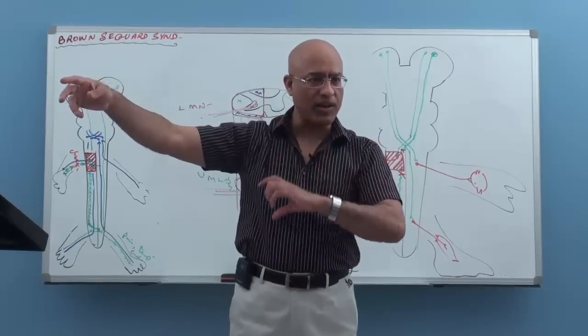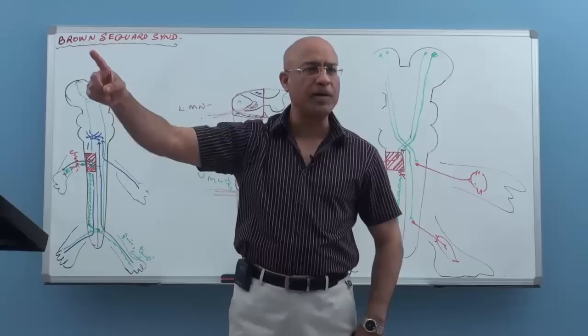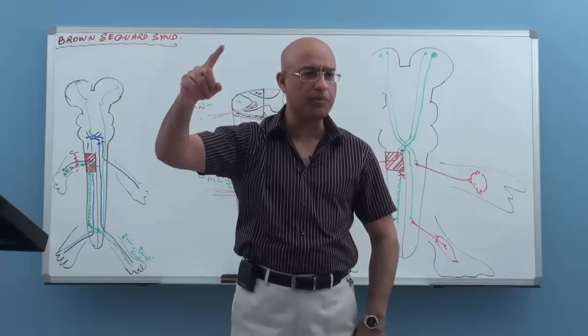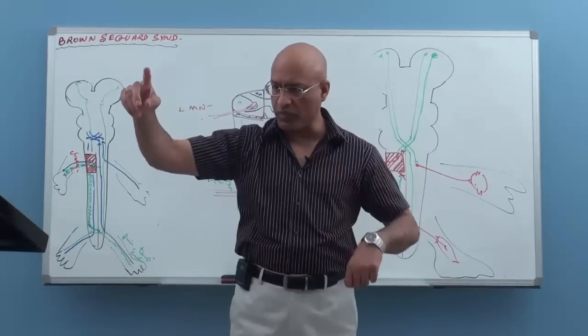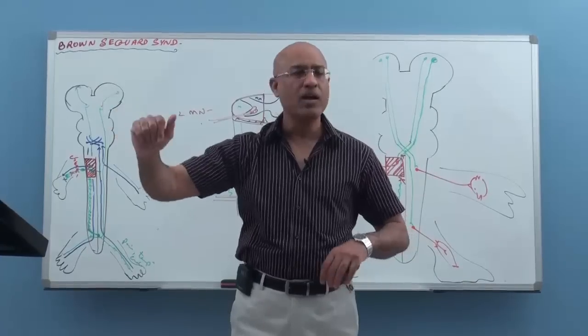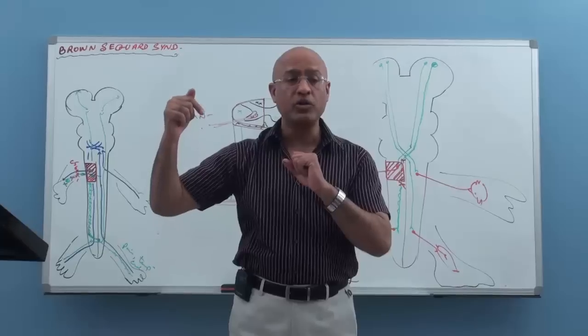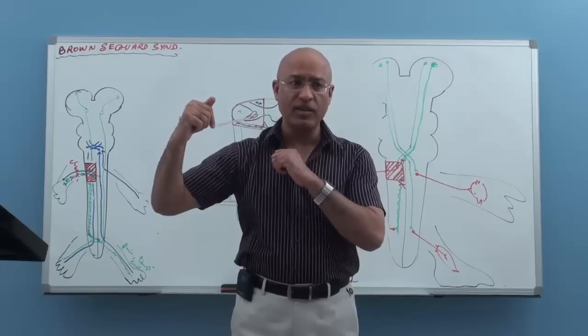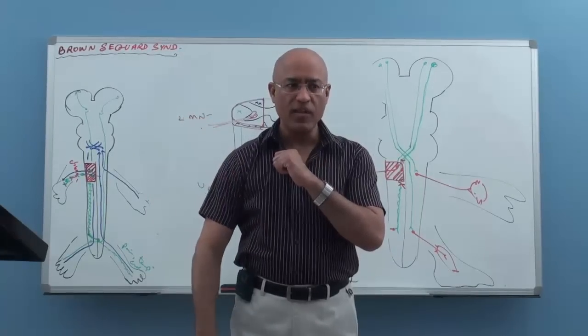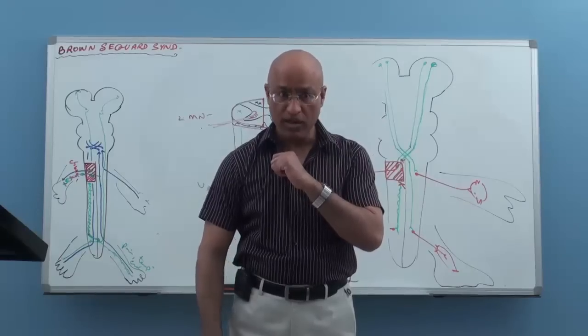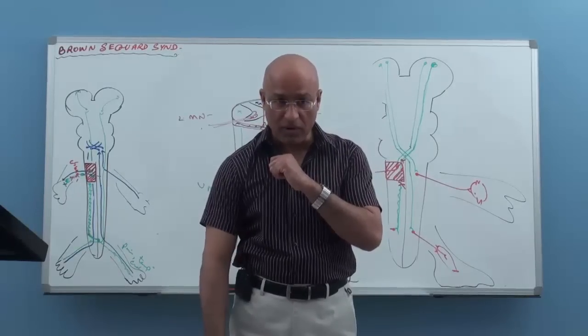Below the level of the lesion contralaterally, pain, temperature, very good, pain, temperature, crude touch, one or two segments below. Is that right? And due to damage to the posterior spinocerebellar tract, there is dystaxia in the ipsilateral area below the level of the lesion.